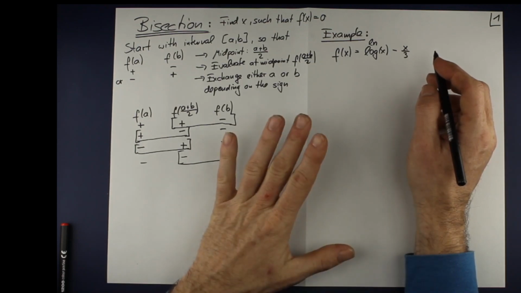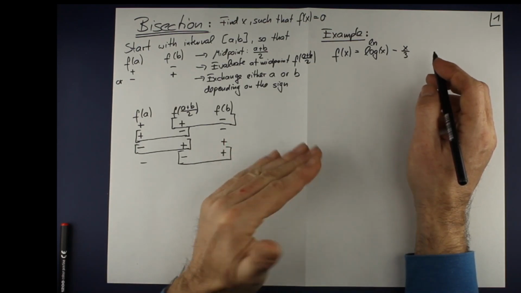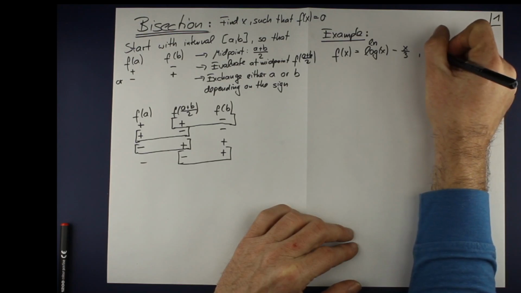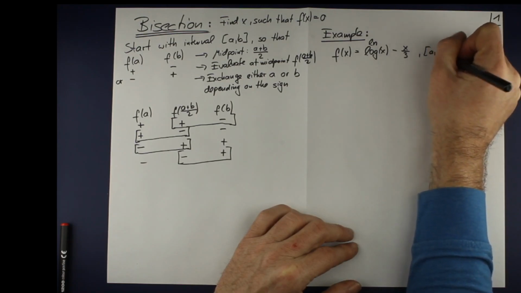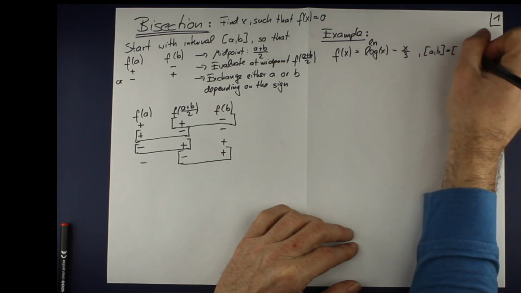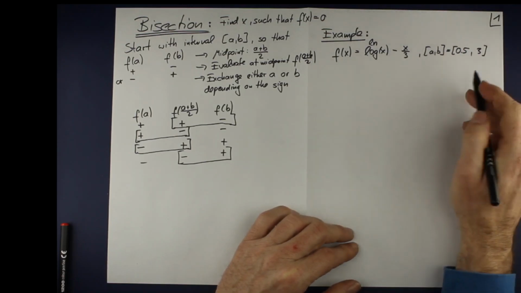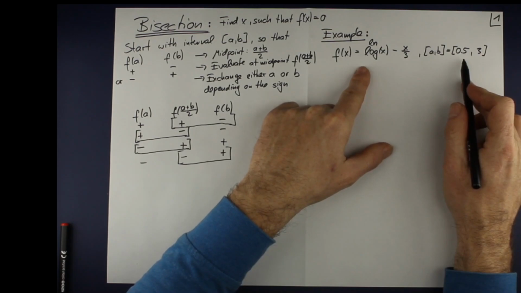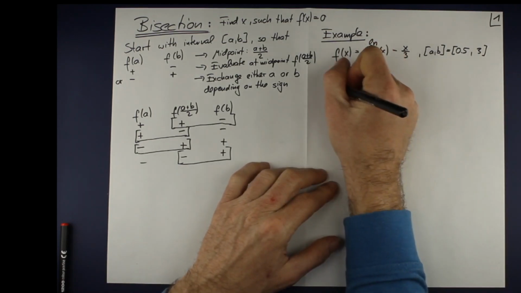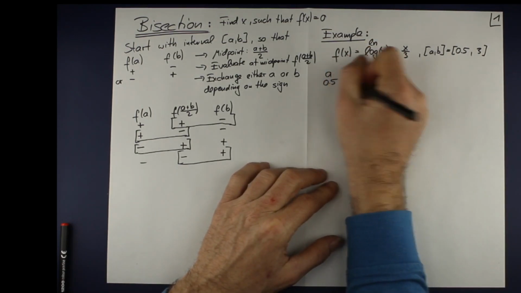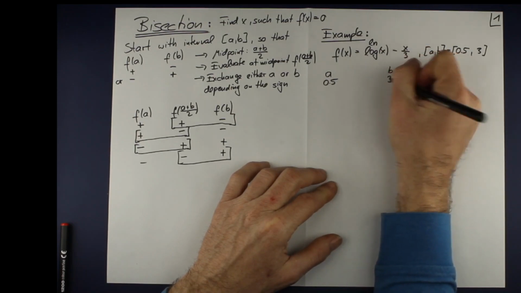That's not an easy task for the user to provide such an interval. Let's say the user said, okay, we are looking at the interval 0.5 to 3. Here a is 0.5, b is 3.